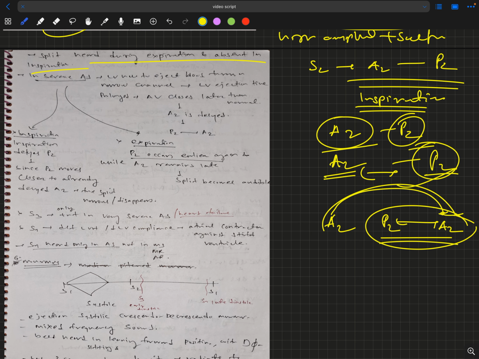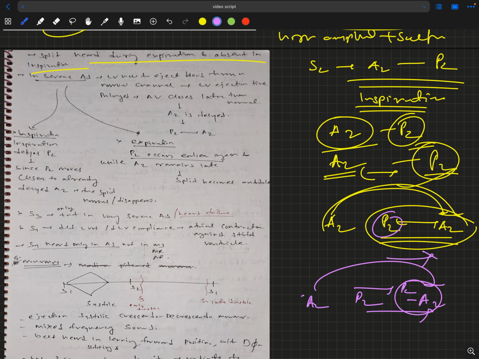So A2 is delayed. Now what happens during inspiration? During inspiration, P2 is also delayed, because there is more blood in the right ventricle. So P2 is also delayed. Normally A2 P2, here during aortic stenosis A2 is delayed, but during inspiration there is more blood in the right ventricle, that leads to delayed P2.